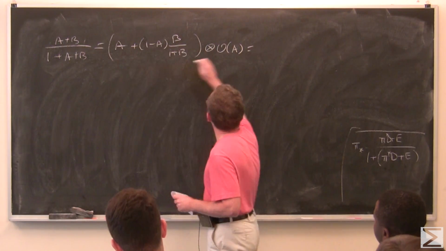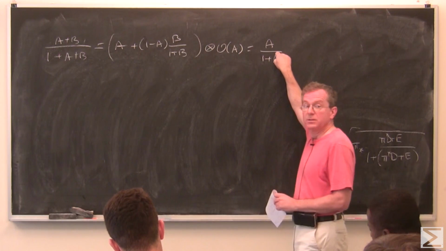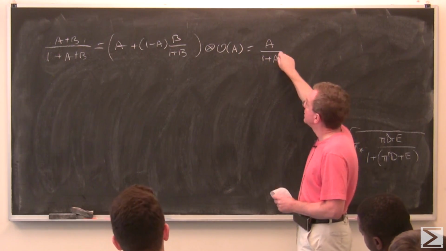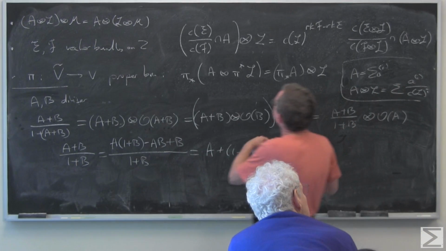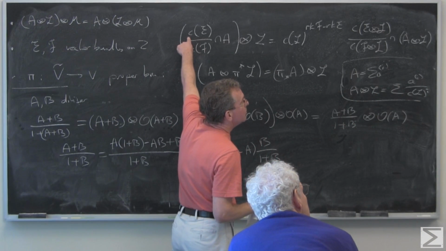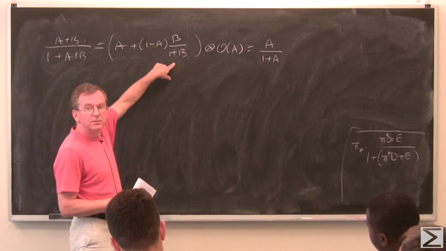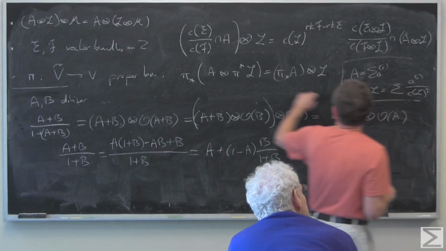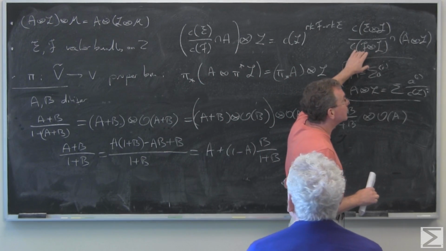Tensor is, of course, linear, so this is the same as A tensor A, which is this. And this is an illustration of these properties. Now, you should view that as the Chern class of O of minus A times a class. So the recipe is that after you balance it so that it pretends to have degree 0, you just bring the tensor in.